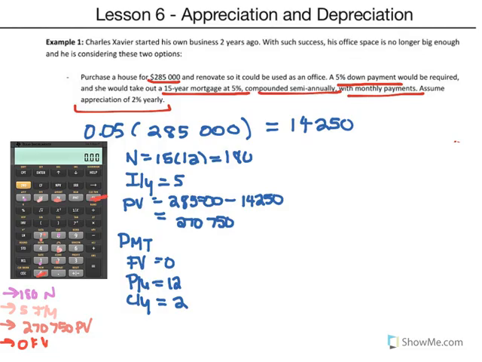Now we need to go up. So we're going to go second function IY, and this will take us to our payments per year. Our payments per year are 12, so we'll type 12 and then enter. Then we type the up button to get to our compounds per year, hit 2 and then enter.